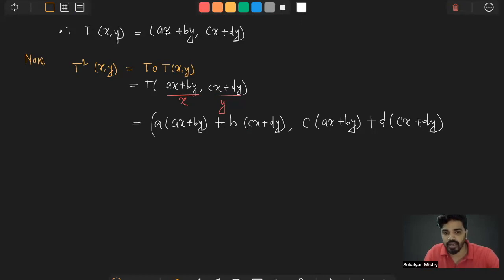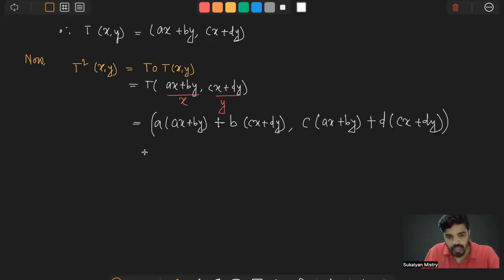So T of (x, y) is given by (ax plus by, cx plus dy). Consider ax plus by as x and cx plus dy as y. T of (x, y) is defined as a times x plus b times y, comma c times x plus d times y.